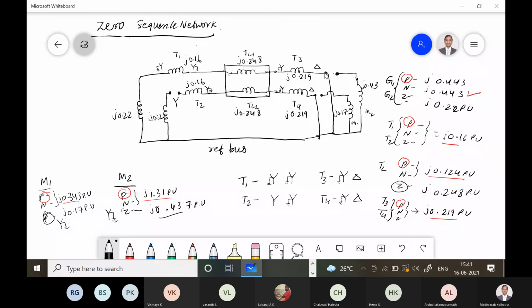The shunt switch will be closed. If it is series, the switch will be open. Only when star ground is there will the series switch be closed. So this is the zero sequence network of this particular problem. Is it clear? Any doubt regarding this?